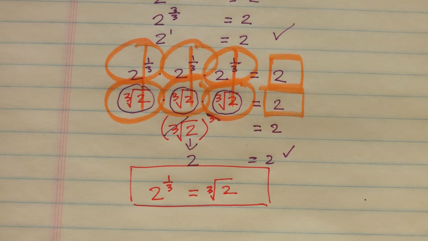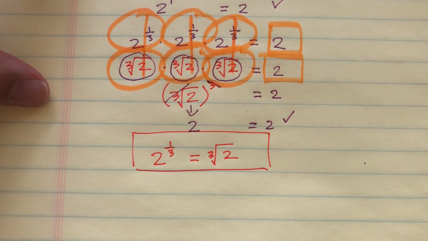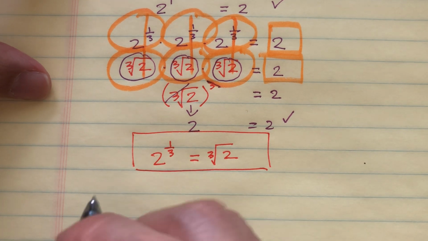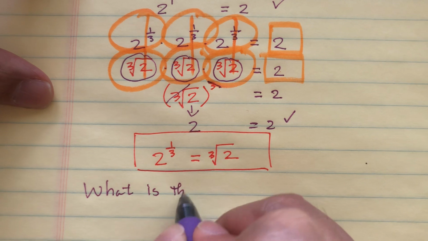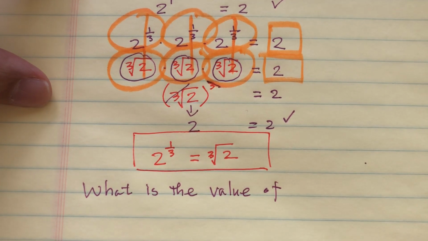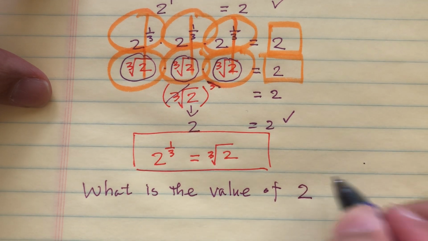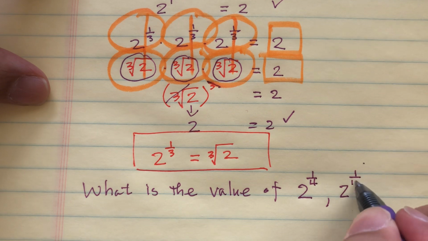So where are we going with this? Can you think about this for the next lesson? What is the value of 2 to the 1/4? How about 2 to the 1/10?